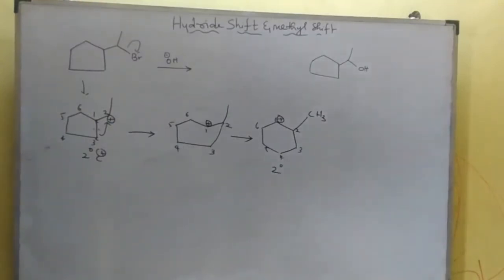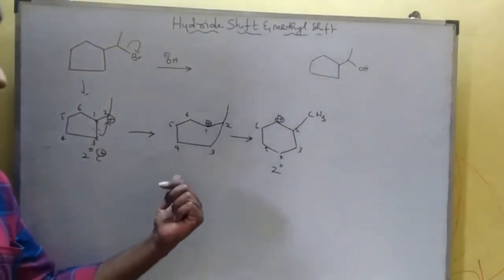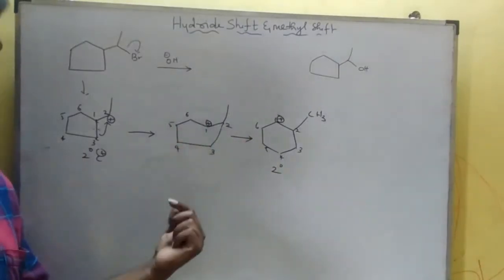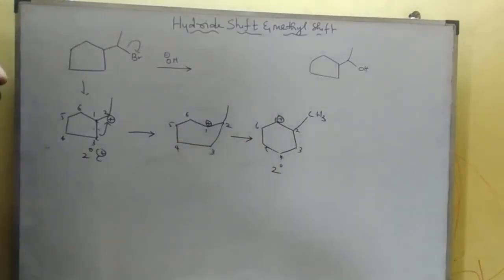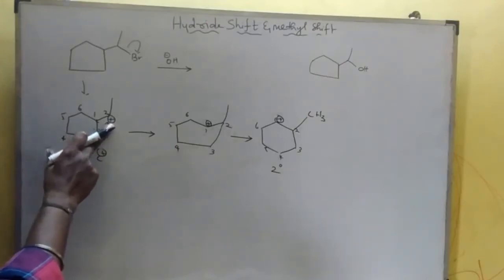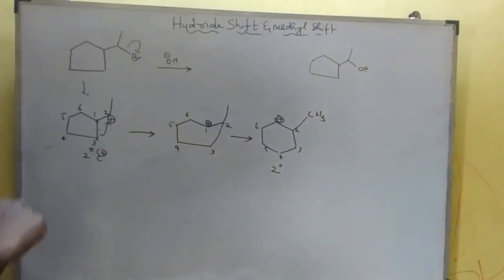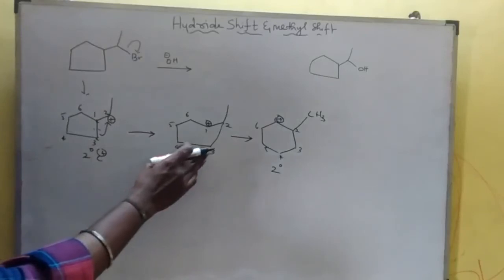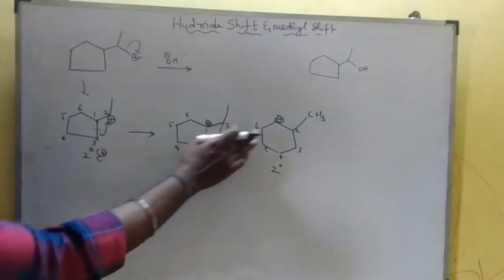And one more thing, this carbocation is further stabilized. It is again stabilized by which shift, to form a more stable carbocation? Because you can see here, initially a secondary carbocation is formed. Upon ring expansion also, it remained a secondary carbocation.